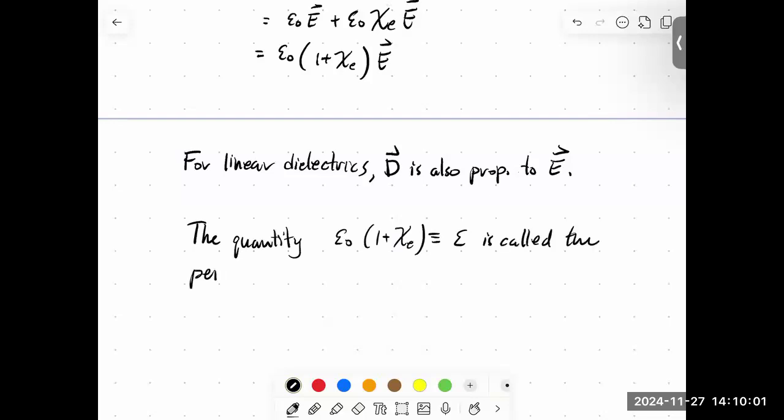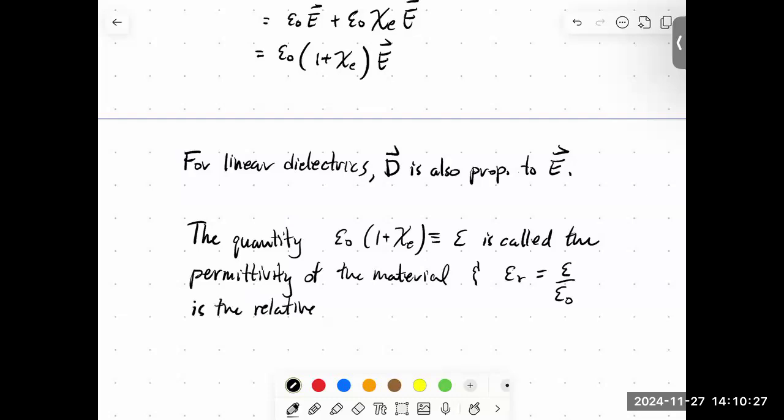And epsilon r, which is the permittivity divided by the vacuum permittivity, is called the relative permittivity, or sometimes the dielectric constant.